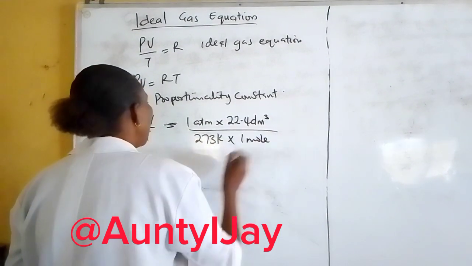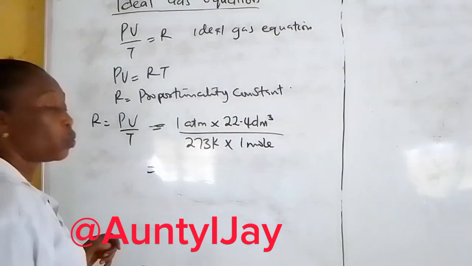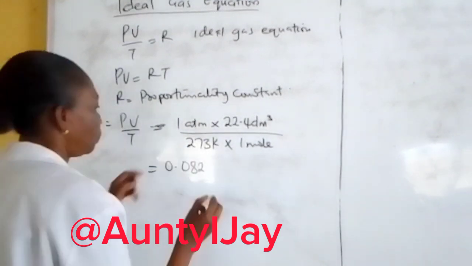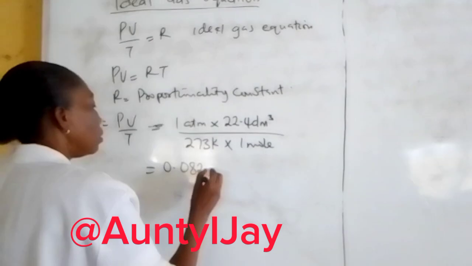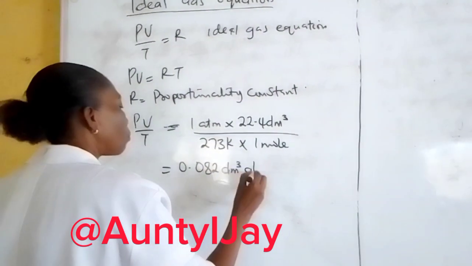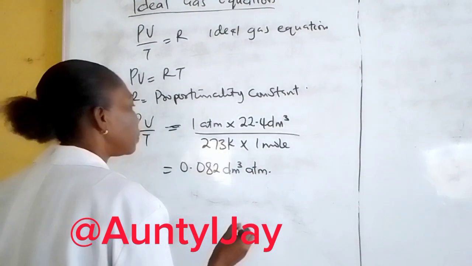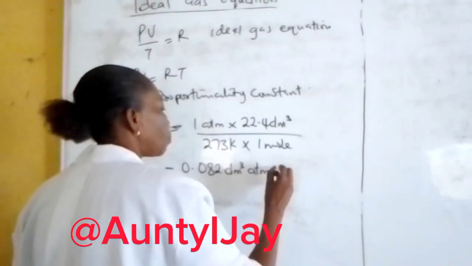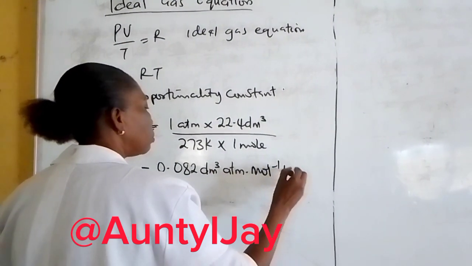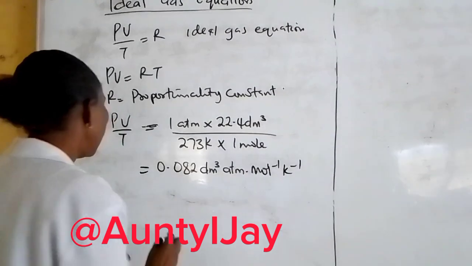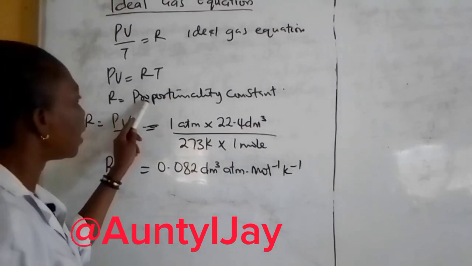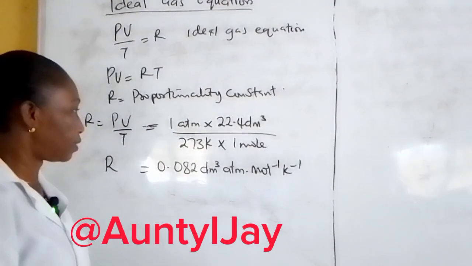And when we divide, we will get 0.082 dm³ atmosphere per mole per Kelvin. This is what we call the molar gas constant, or the proportionality constant for gas.